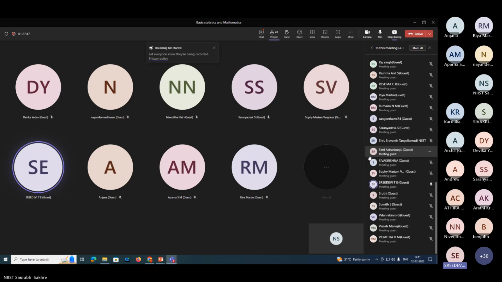Mean is the simple average of the whole data set. In case of median, we see the midpoint of the ordered data set, that is, when we arrange the data in order, we take the midpoint. In case of mode, the value which is repeated most often is considered the mode.